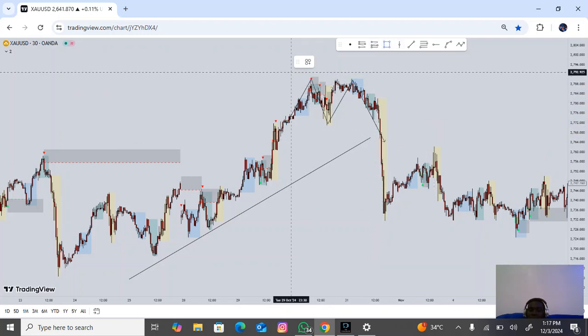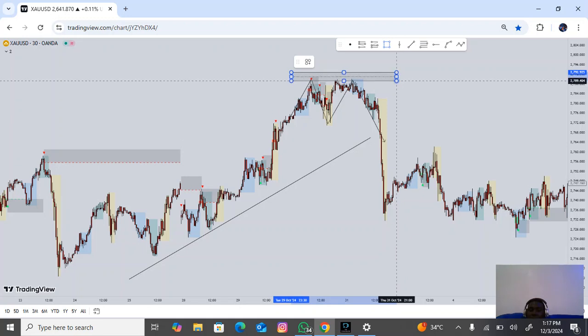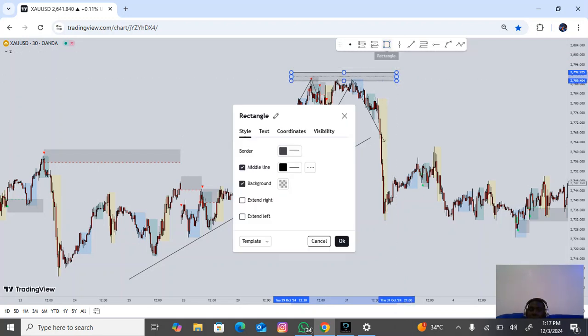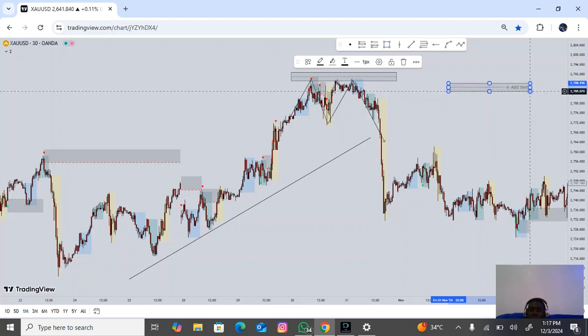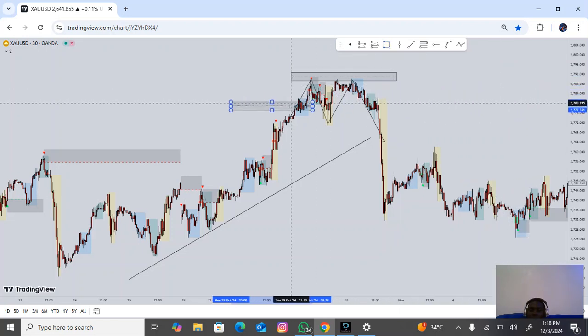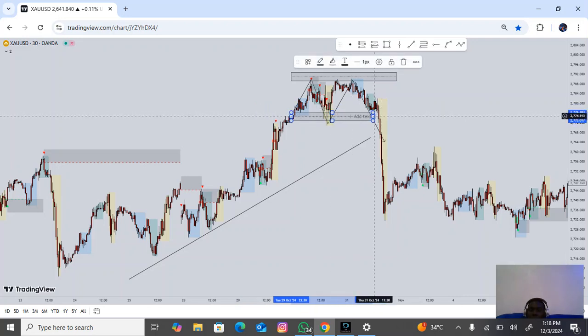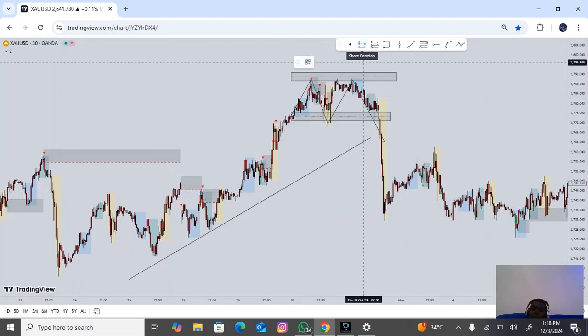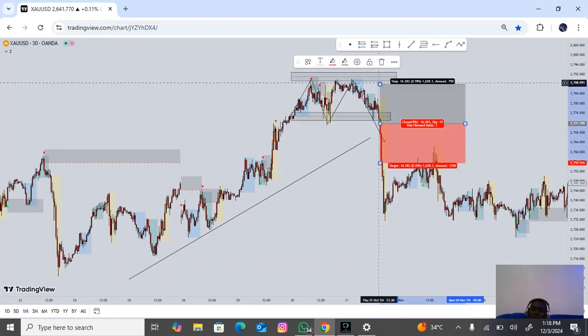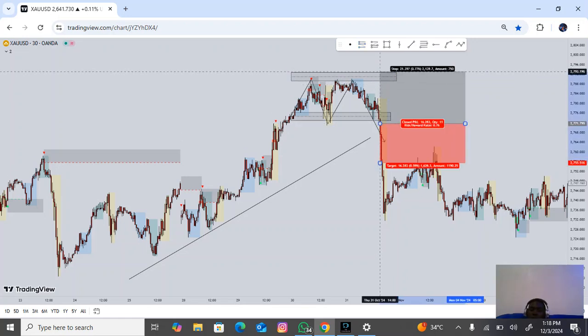As you can see, this is the equal highs, and this is also the neckline right here. At the break of this neckline, you can go in for your trade, sell position, stop loss above your resistance area.